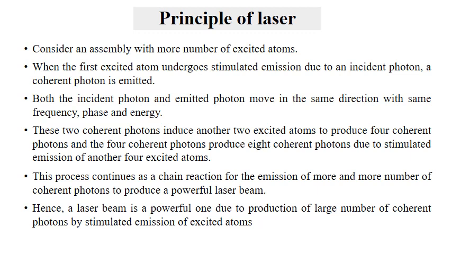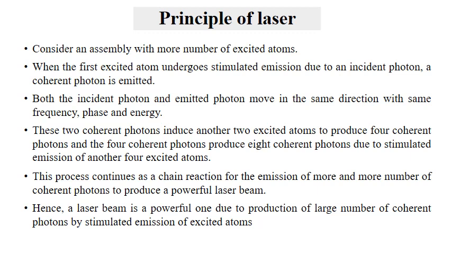Now let's see what's the principle of laser. Consider an assembly of more number of excited atoms. When the first excited atom undergoes stimulated emission due to an incident photon, a coherent photon is emitted.